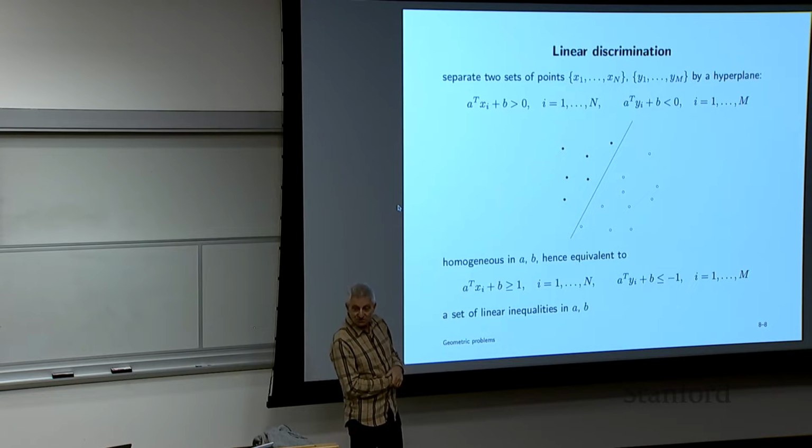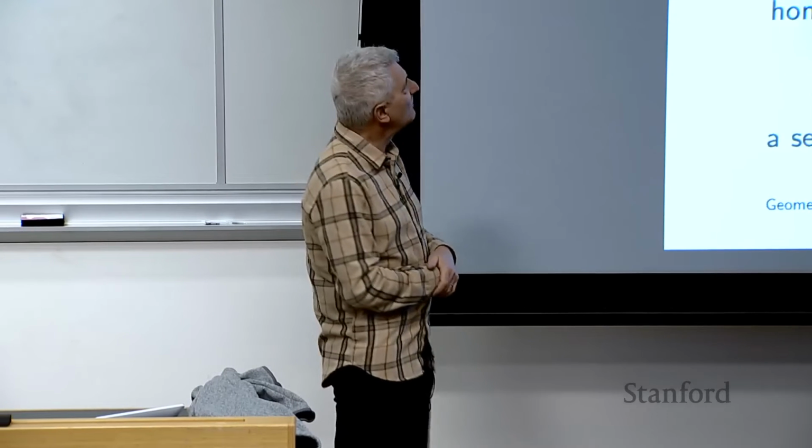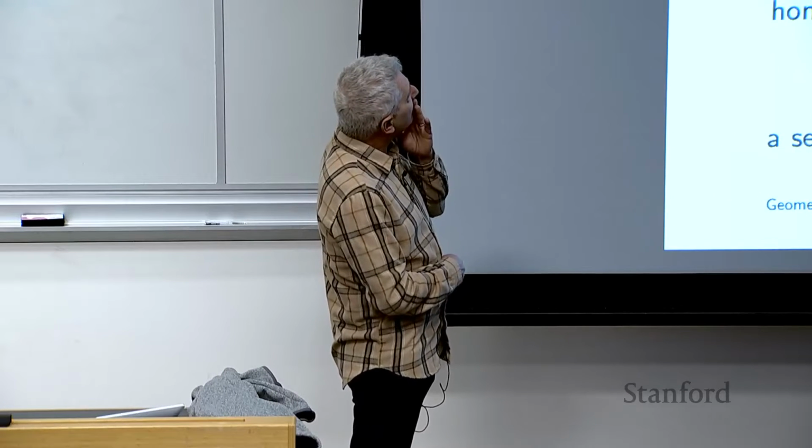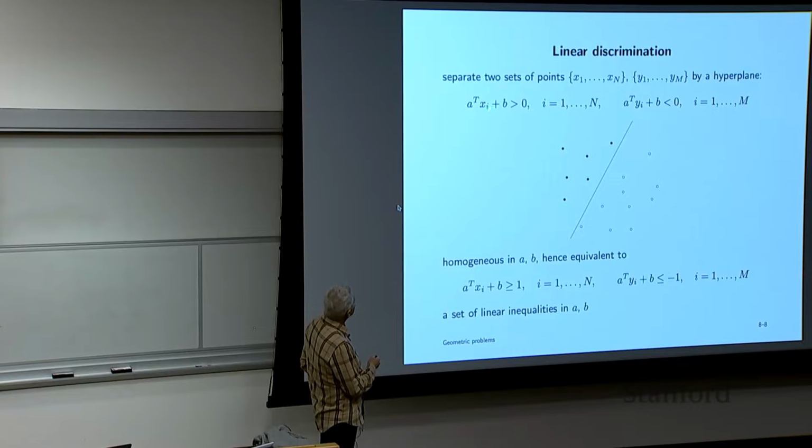So you have to be on your toes here. What sort of inequality on A and B is this? What kind of function of the pair (A, B) is A transpose x_i plus B? It's linear. Okay, that's linear.